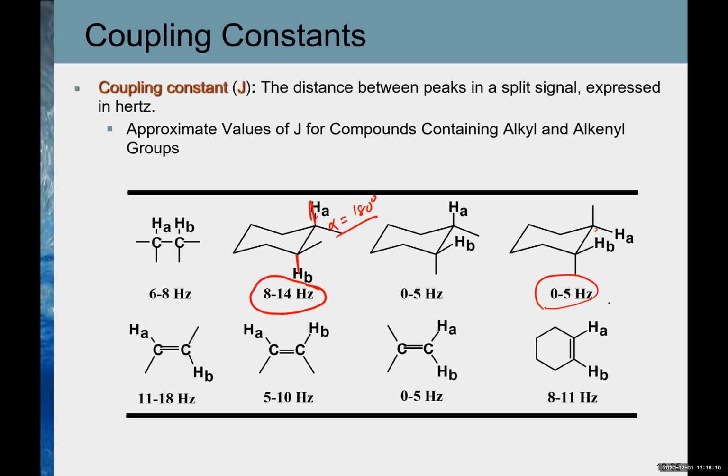Here again, the angle is almost 180 degree, if you think about it. So again, the coupling is quite high. So depending on what is the angle between the vicinal hydrogens, the coupling constant will be anywhere from 0 to 18 hertz. It's not that big a number, but it is enough to give us some significant information about our system, about our molecule.